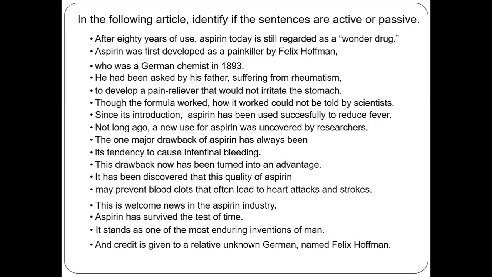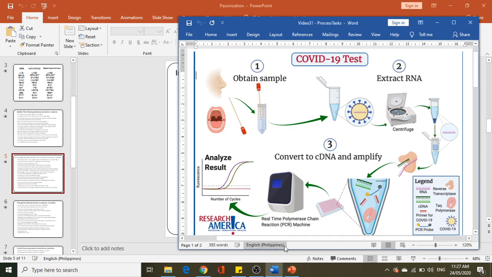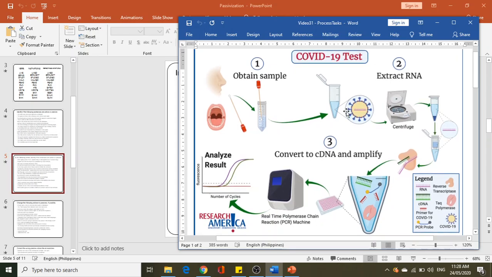So what I'm going to be doing different this time is I'm not going to be writing the task, but instead I will show you a real world sample of the description of this task. If you notice in this process task, we do not actually see any of the persons performing any of these tasks. The doer of the action is not important in a process task.